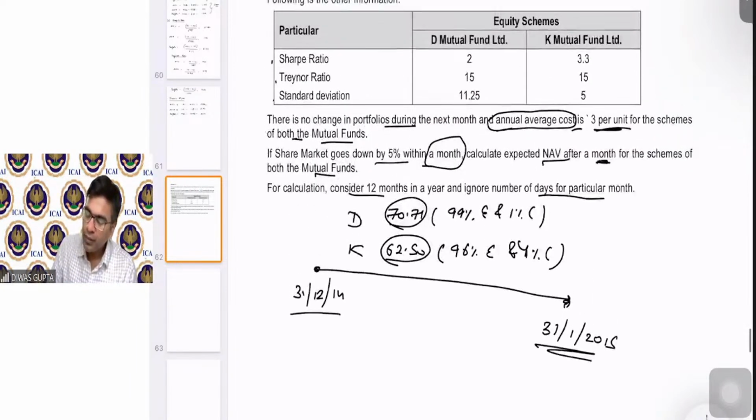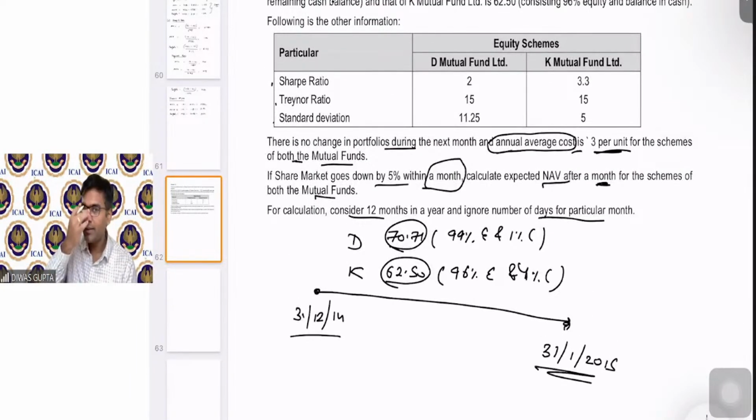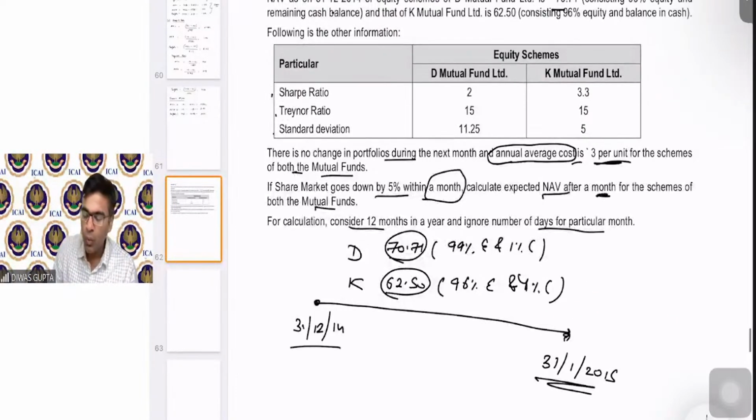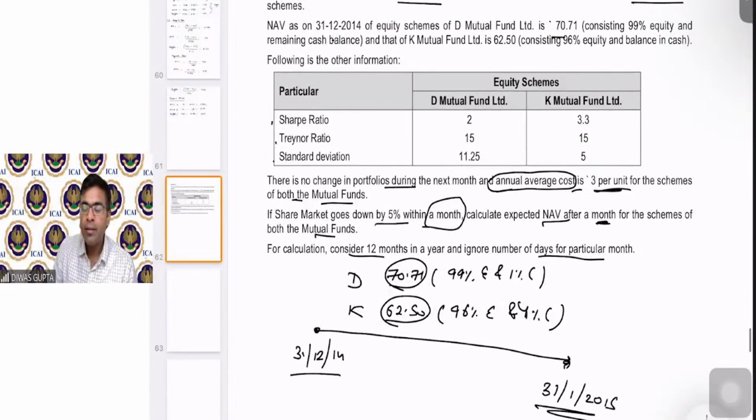So we have to first see what is the beta of these two mutual funds, right?